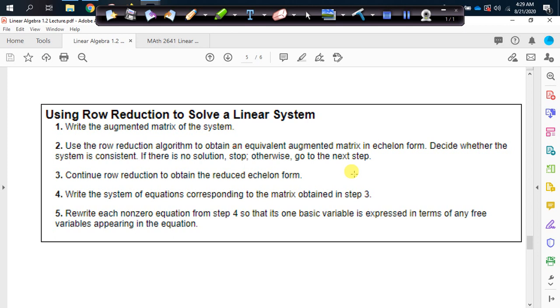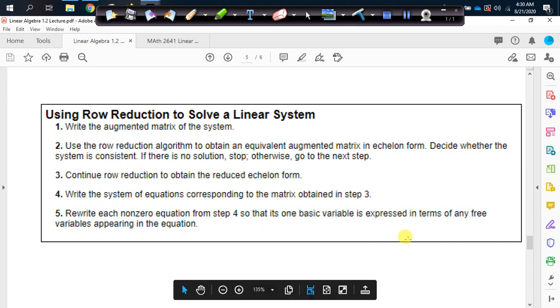Otherwise, go to the next step. Continue row reduction to obtain the reduced echelon form. Write the system of equations corresponding to the matrix obtained in step 3. Rewrite each non-zero equation from step 4 so that its one basic variable is expressed in terms of any free variables appearing in the equation.